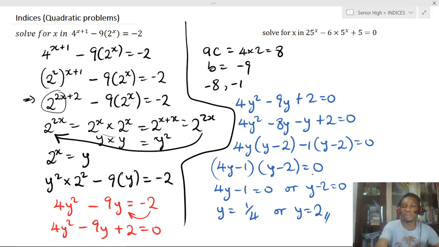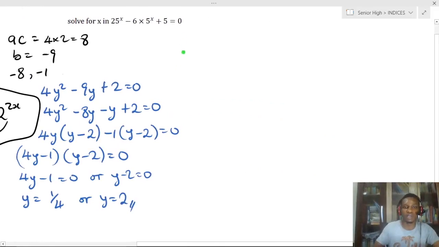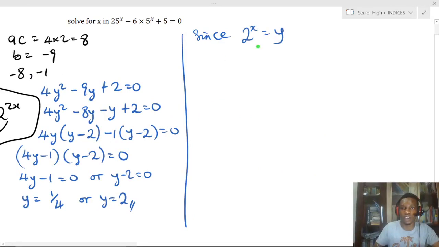So therefore, since 2 raised to the power of x is equal to y, our y equals 1 over 4 will be 2 raised to the power of x equal to 1 over 4.